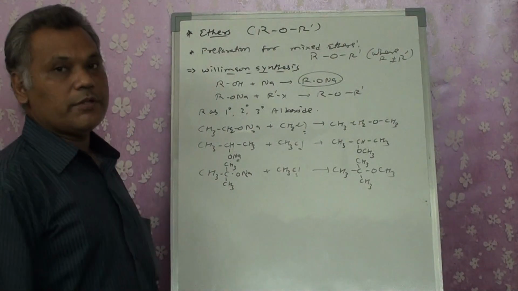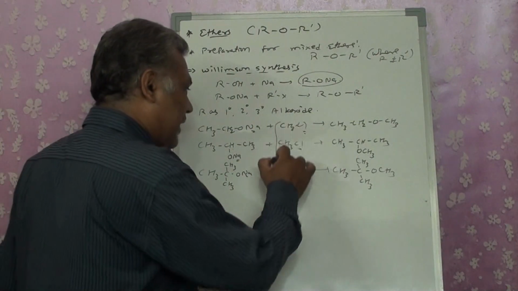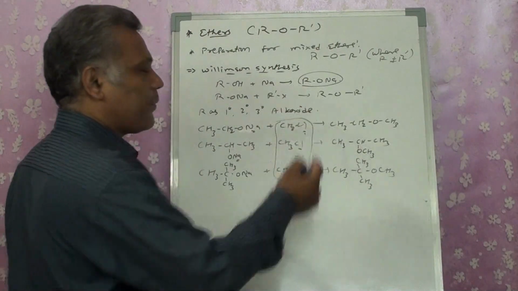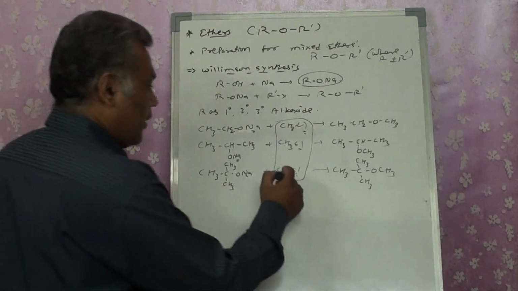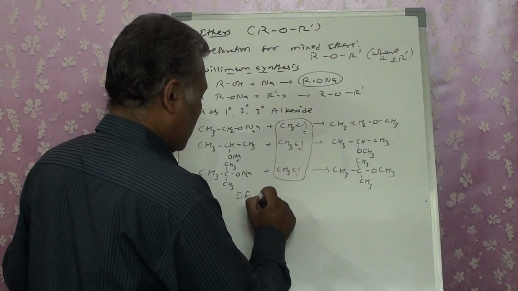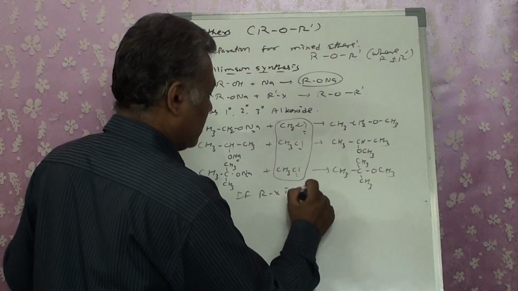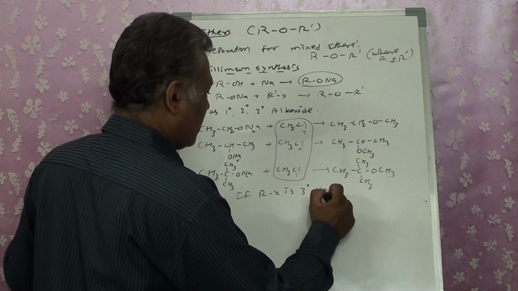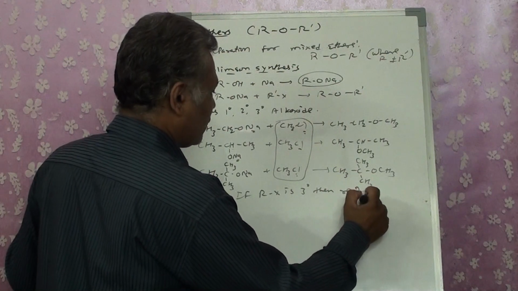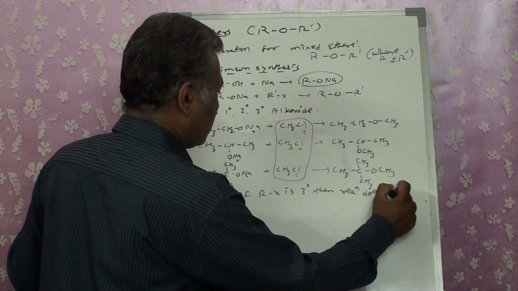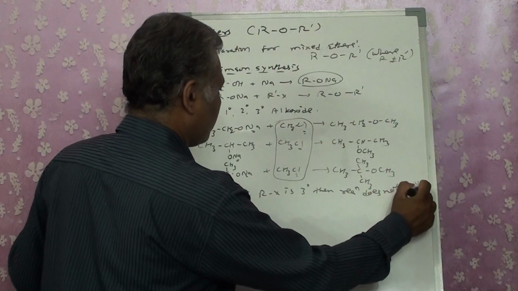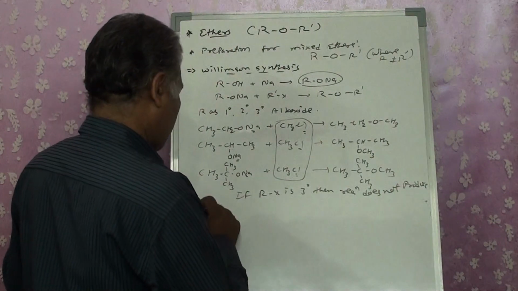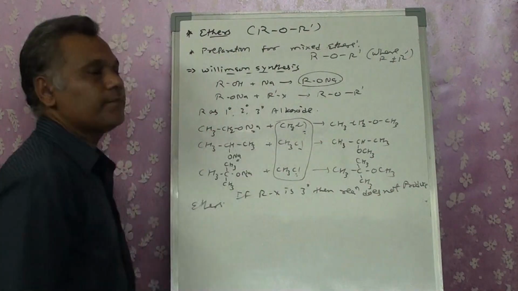But if your halide is primary, there won't be a problem. If RX is tertiary, then the reaction does not produce ethers.